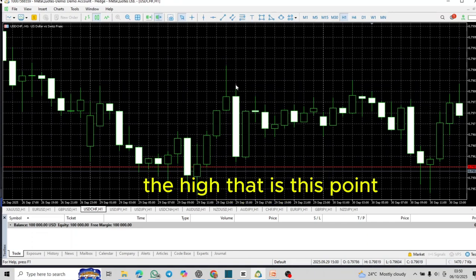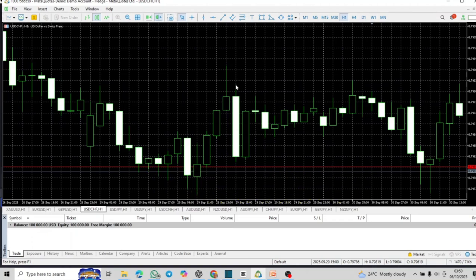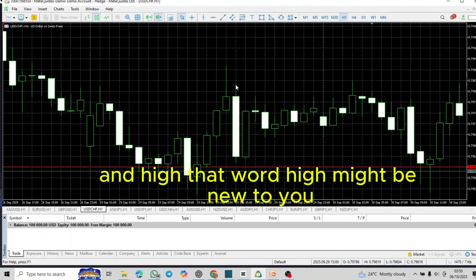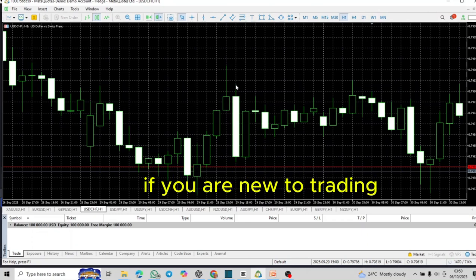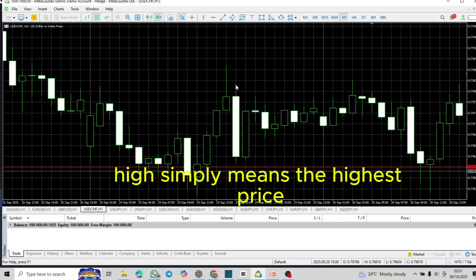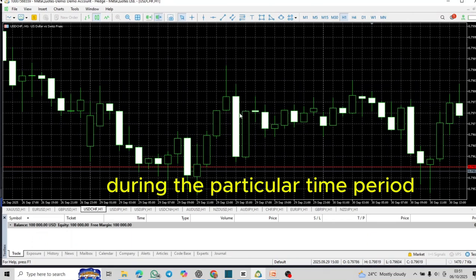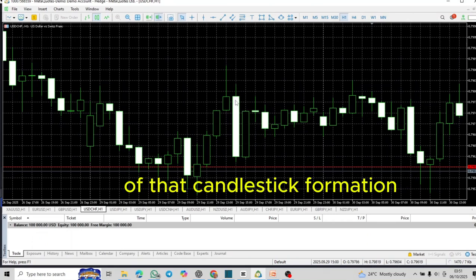That is this point. The highest point of any candlestick is called high. That word high might be new to you if you are new to trading. High simply means the highest price attained by the market during the particular time period of that candlestick formation.